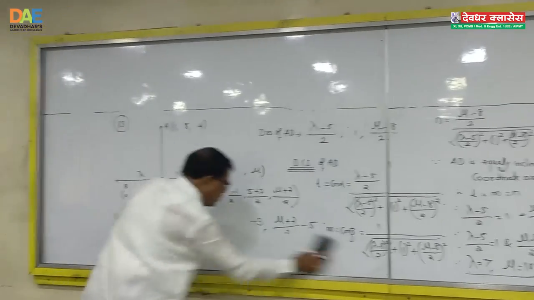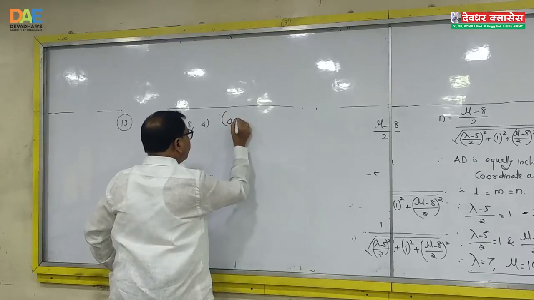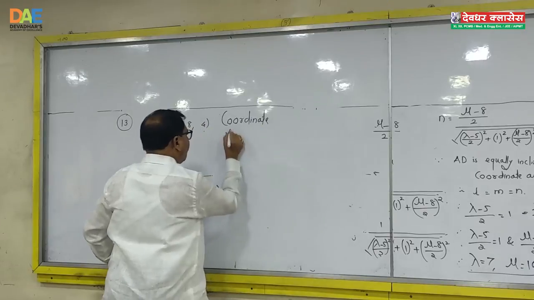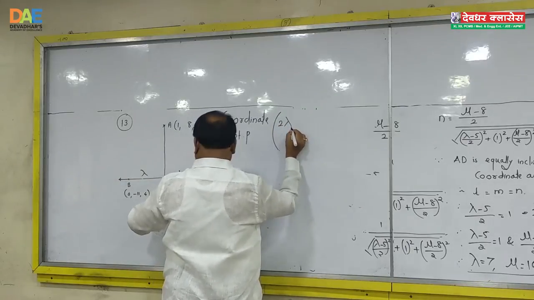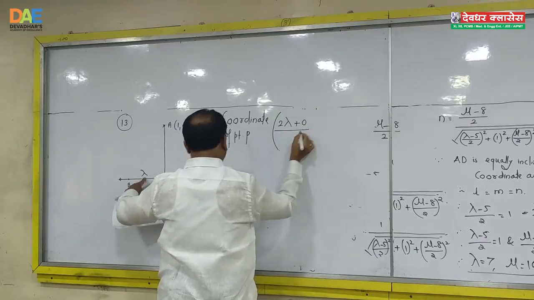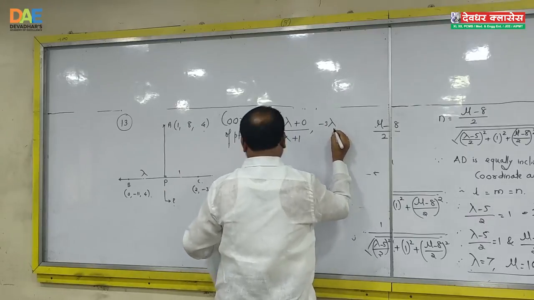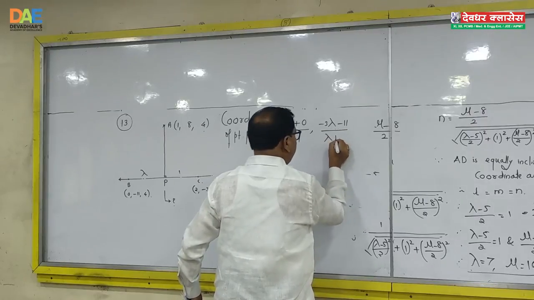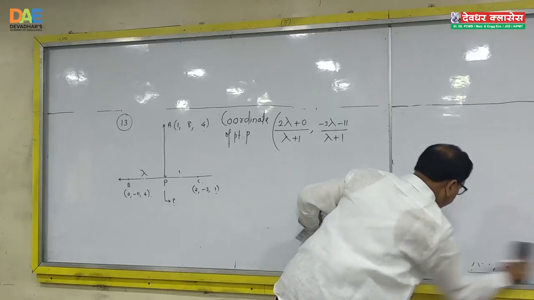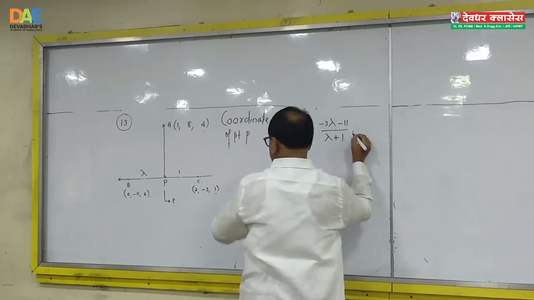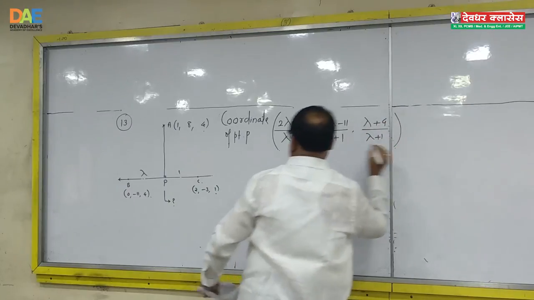Therefore, by using the section formula, the coordinates of point P are: (lambda into 2 plus 1 into 0) upon lambda plus 1, comma, (lambda into -3 plus 1 into -11) upon lambda plus 1, comma, (lambda into 1 plus 4) upon lambda plus 1. These are the coordinates of point P.